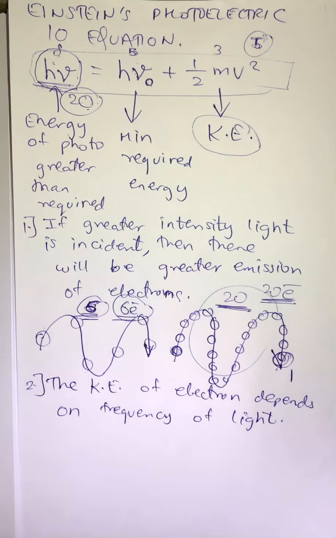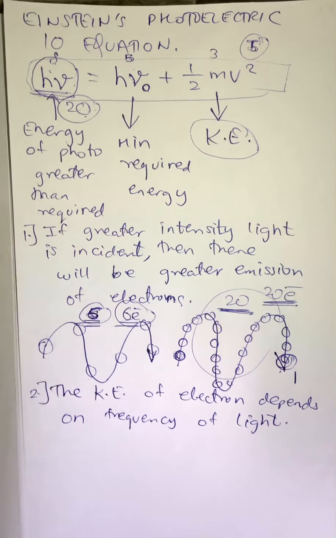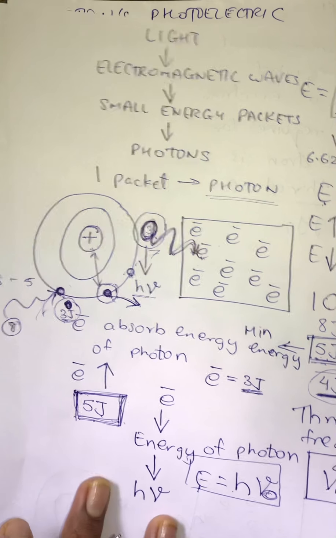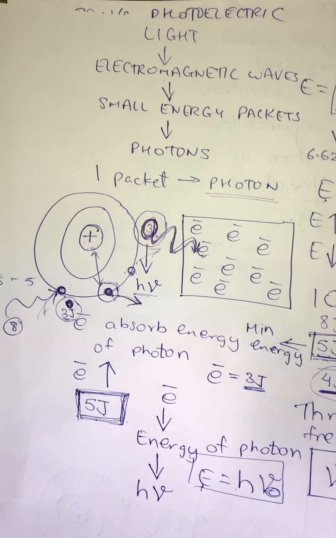There is no role of intensity over here. The only factor affecting the energy is frequency. Guys, please note this. If you want greater energy or lesser energy, you have to change the frequency accordingly.